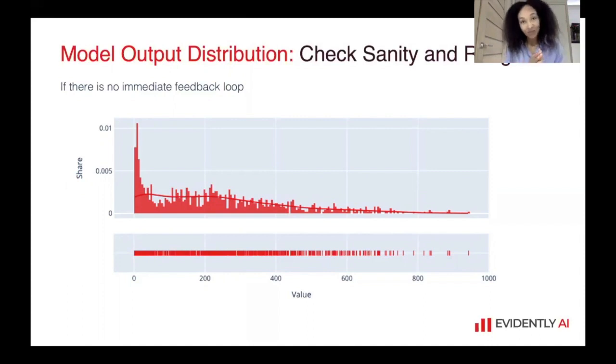For example, if we're working on demand prediction, then we expect to have positive values only, right? At least non-negative. If we are working on probabilistic classification tasks, then we expect our probabilities to be between 0 and 1, right? Or we might expect our outputs to have a specific distribution, for example, with a known mean value.